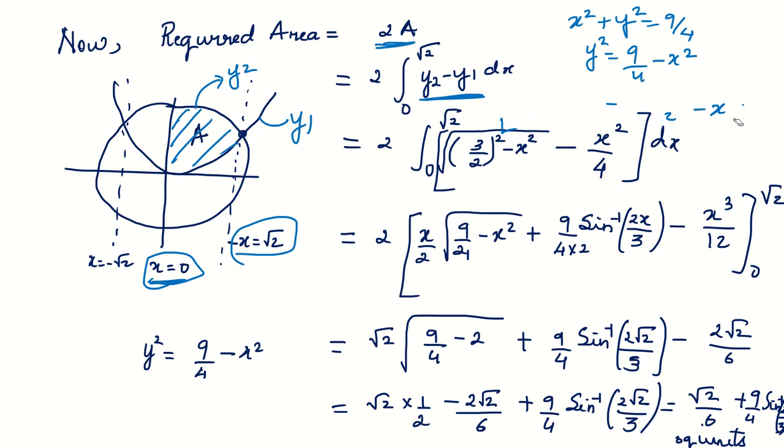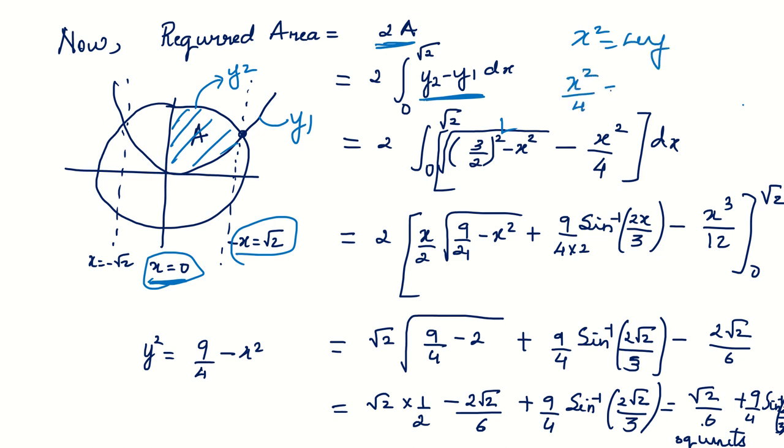Now after this, I have to find the lower curve. Lower curve is nothing but x square is equal to 4y. So this is easy. x squared by 4 is equal to y. That is written here. Now look at this integral.